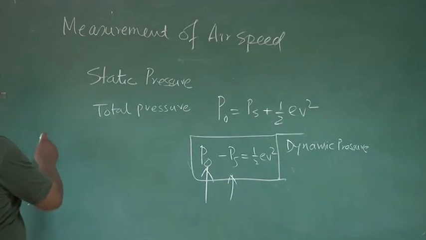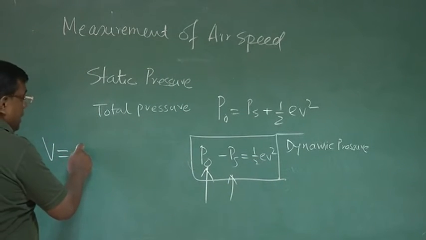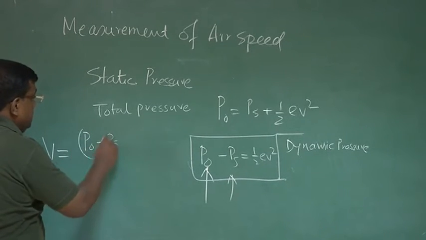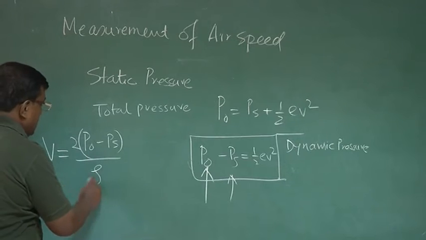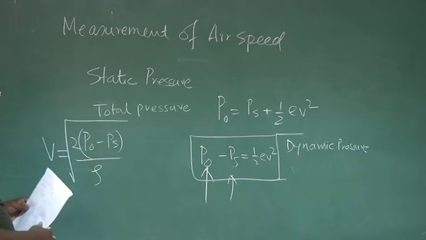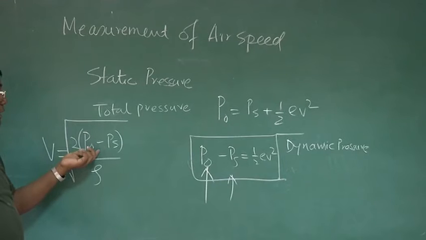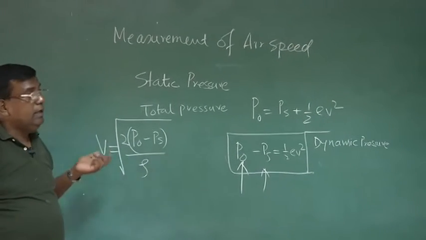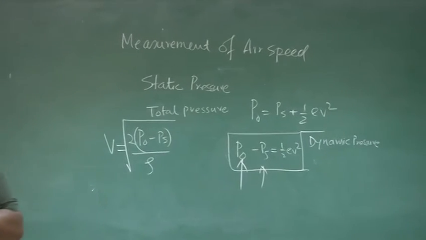If I want to find the speed, I know if somehow I can get this difference between total and static and the density at that point, I can get what is the speed. Okay, that is the basic concept.